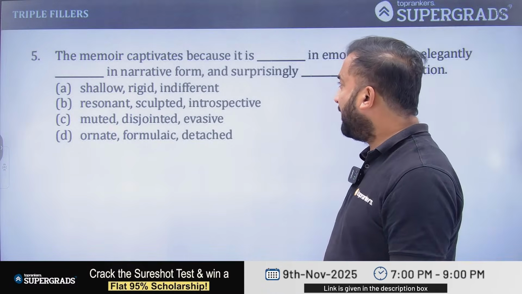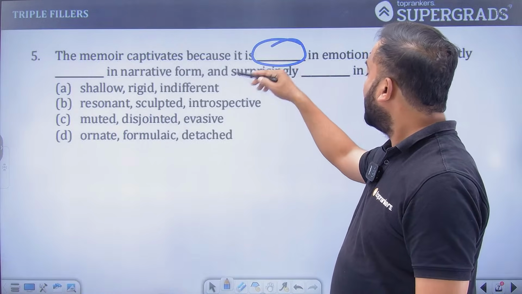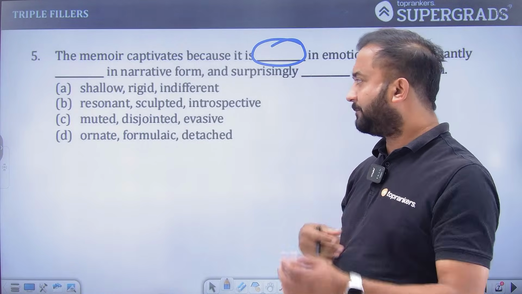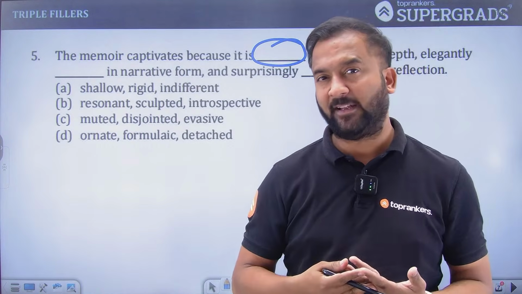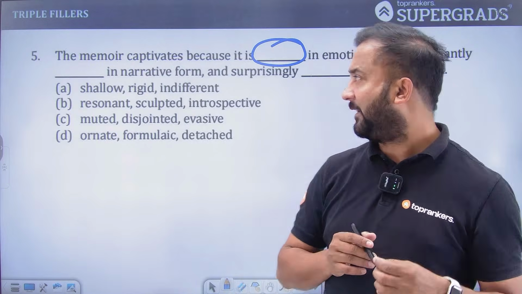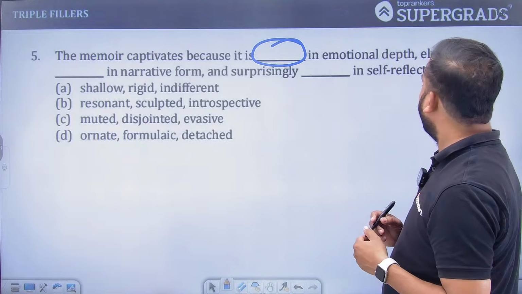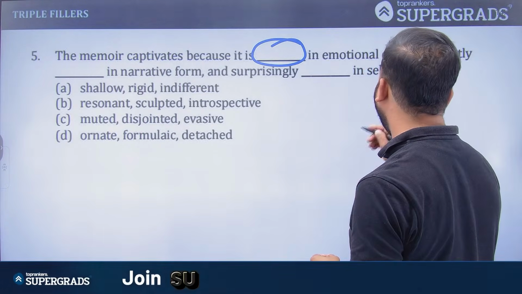The memoir captivates because it is dash in emotional depth. So it must connect with the emotional depth of things. So something very touching, very poignant, some such word should be there. Elegantly dash in narrative and surprisingly dash in self-reflection.